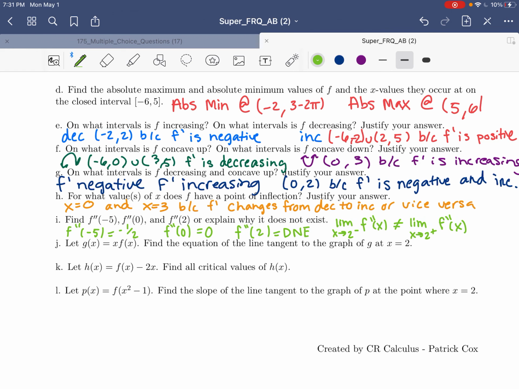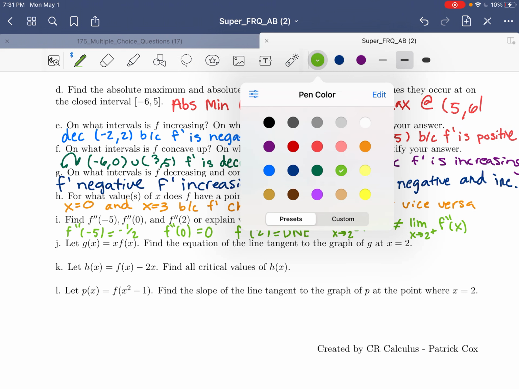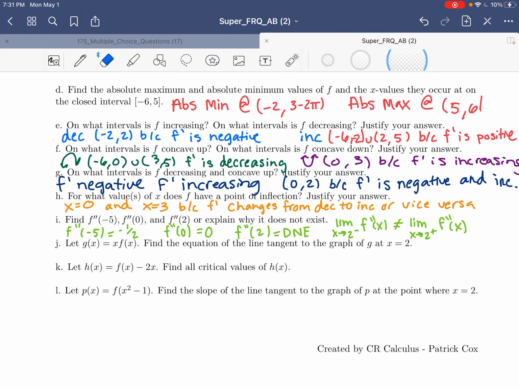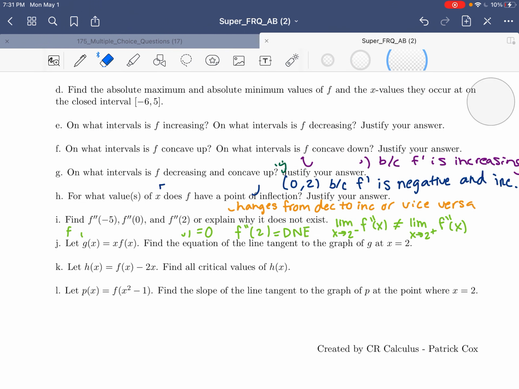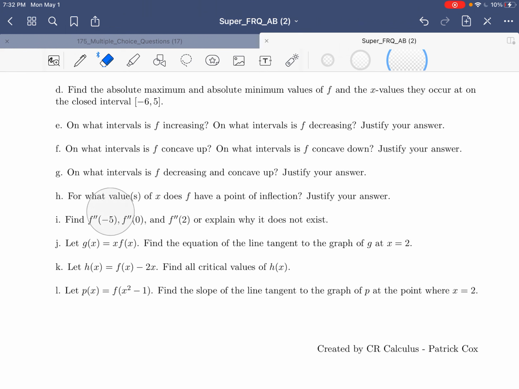All right, J, we have g of x equals x times f of x. Find the equation of the line tangent. So I'm going to erase everything else real quick. Thinking about a tangent line, we need an x, we need a y, and we need a slope.